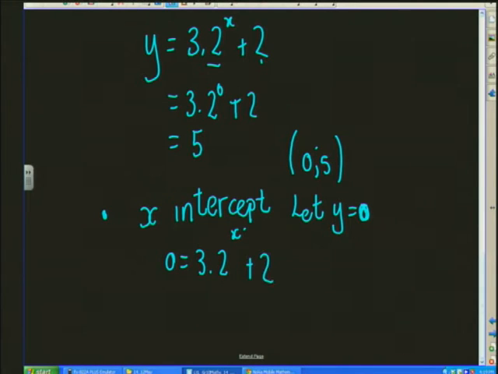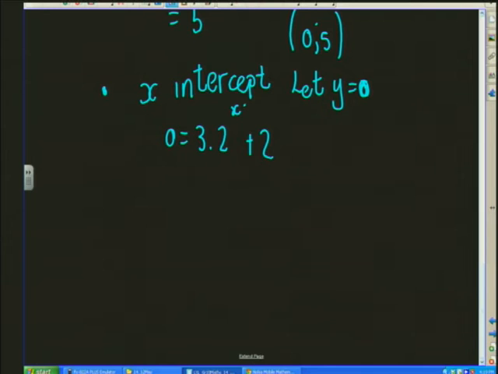The point here is to solve for x, your exponent. If I take my 2 over, I get minus 2 is equal to 3 times 2 to the x. Divide both sides by 3, you get minus 2 over 3 is equal to 2 to the power of x.